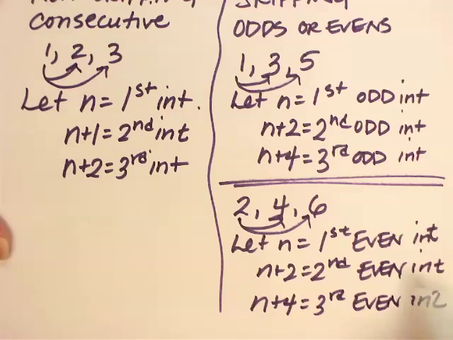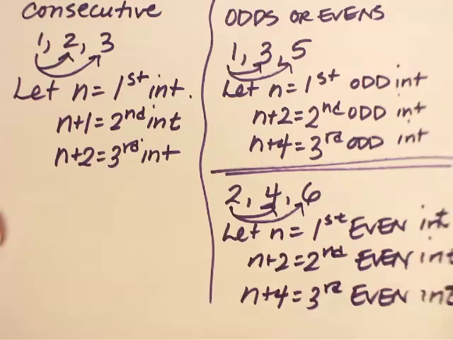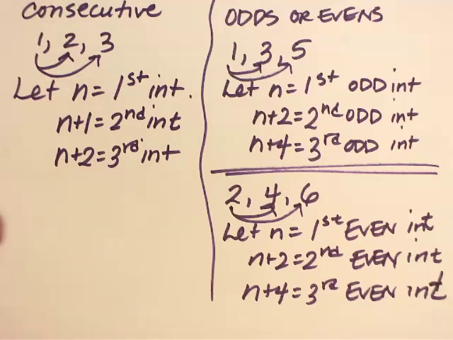Now if you take a look, you'll notice that the definition of variables for odds and for evens are identical: n plus 2, n plus 4, because we do have to skip in the same way. So quick side note, make sure to jot this down if you need it for review, because we will encounter these types of problems once again in this section today.